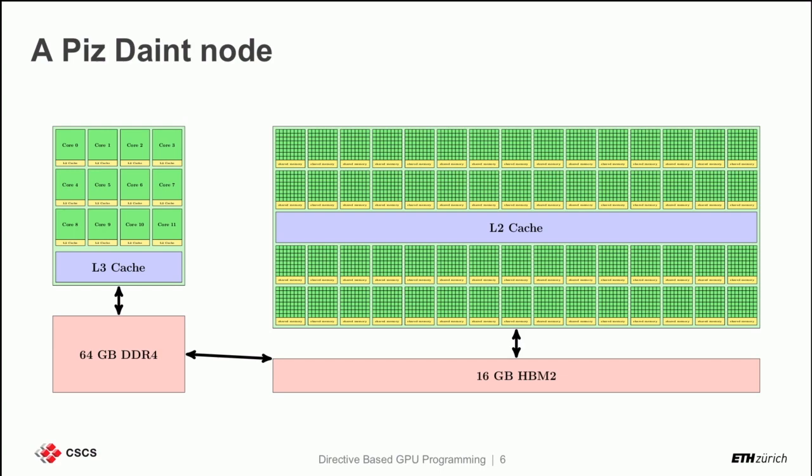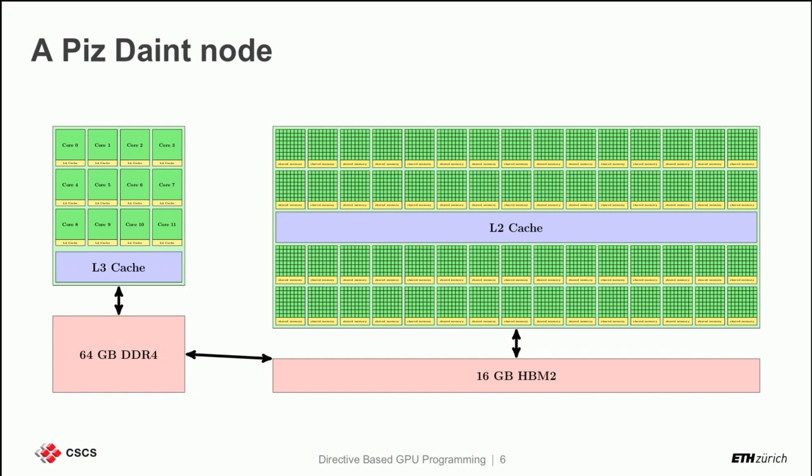On the left hand, this is a node. We have a Haswell processor, where you see it has 12 cores. Each core also has 2 threads, there is a large L3 cache, and every core has its own L2. And on the right hand, you see a GPU.